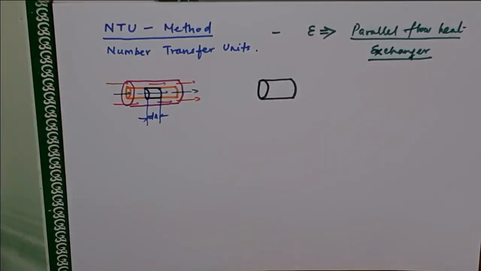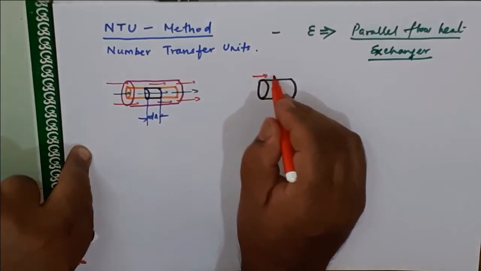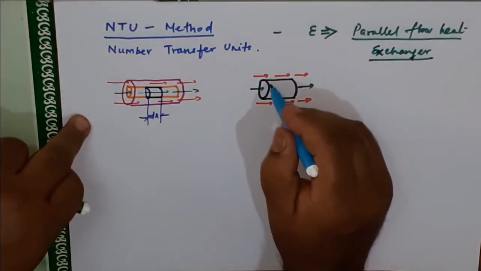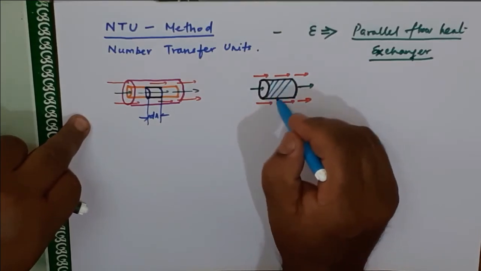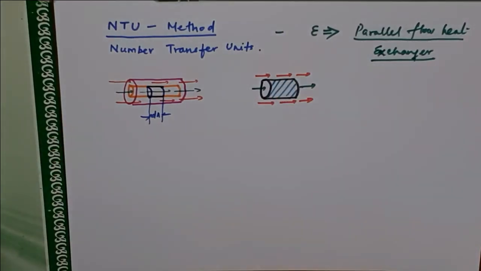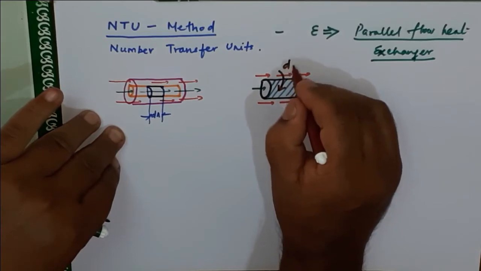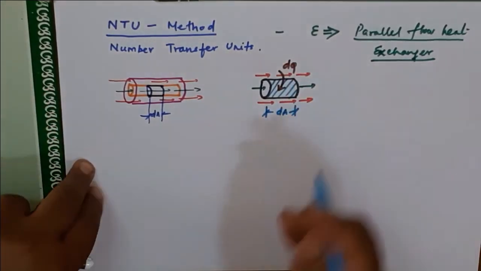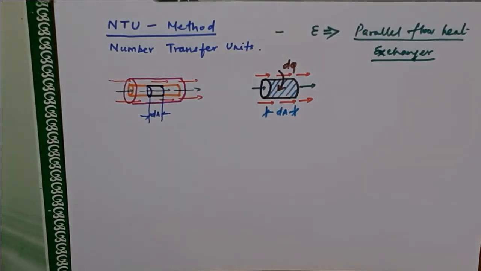Hot fluid is in the annular space. Cold fluid is flowing inside. So this is the small area dA through which the heat transfer, which is dQ, takes place, and the temperature difference between hot and cold fluid is TH minus TC.